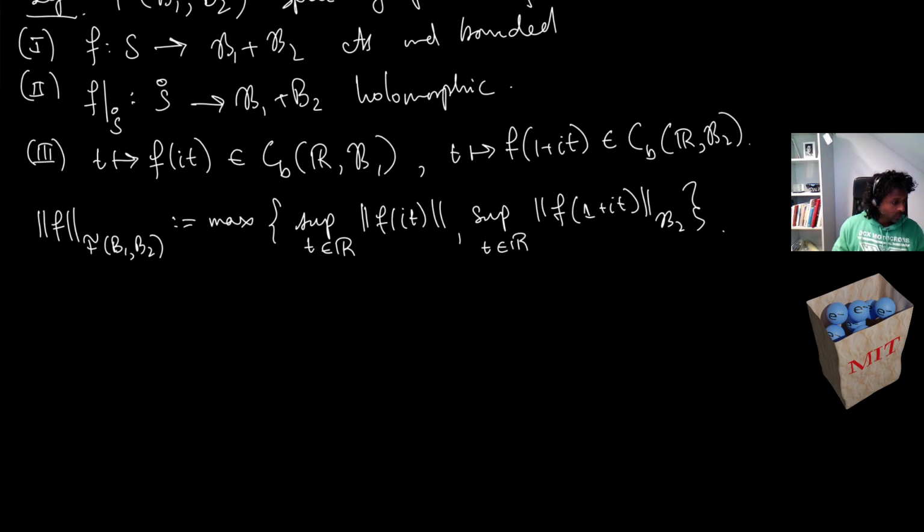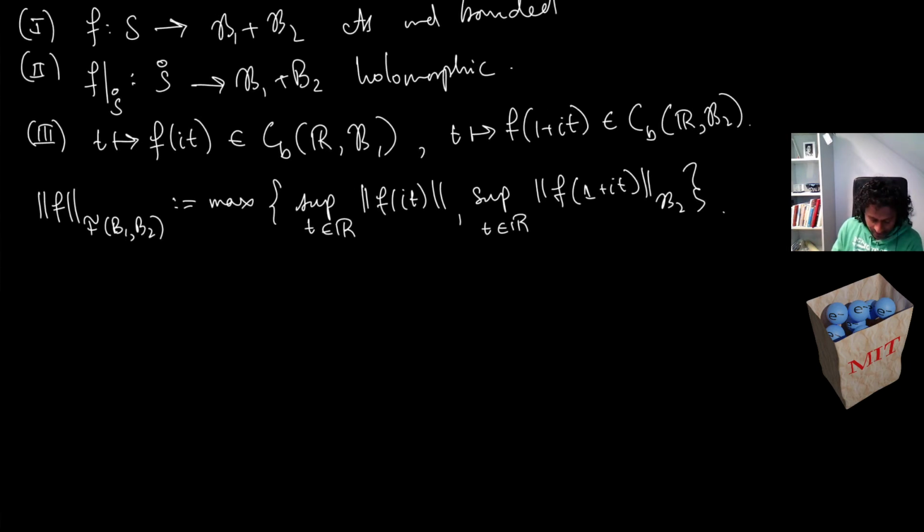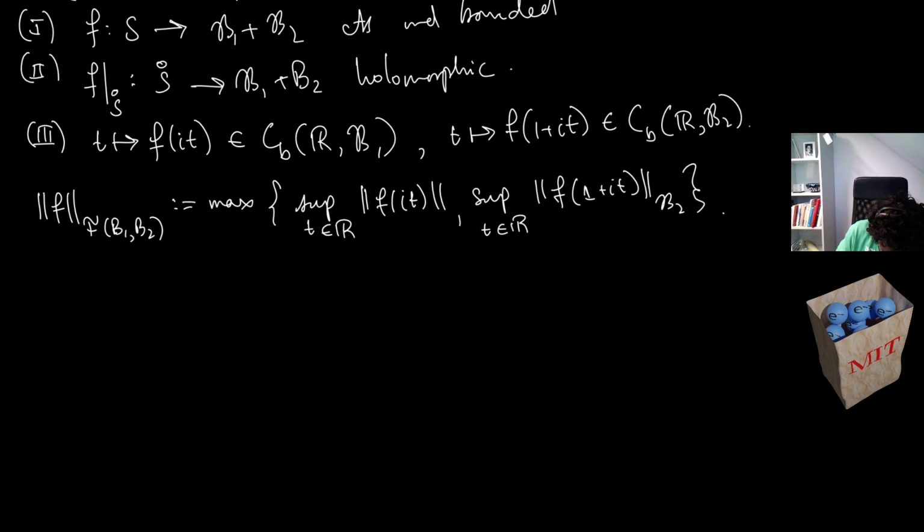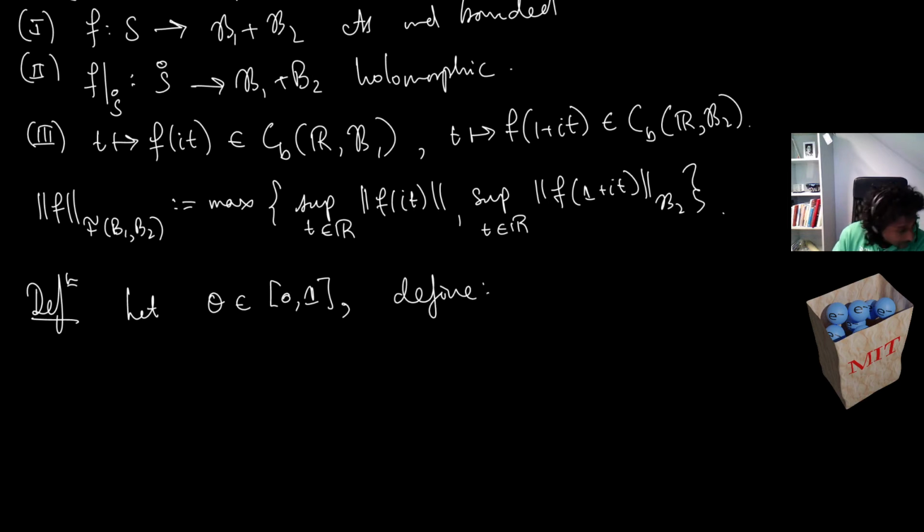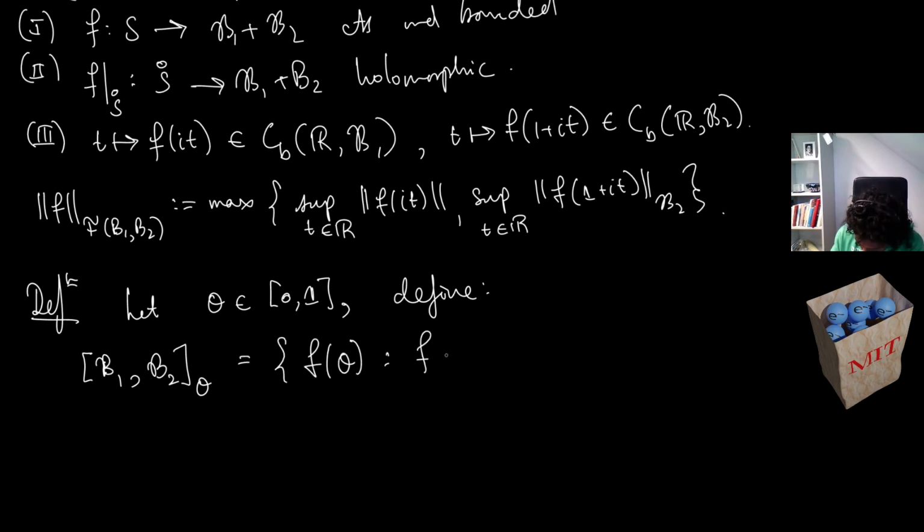Okay, so now we finally have arrived at what we want. Definition: fix some theta, let theta be a number between 0 and 1. And define the space B1, B2, theta to be equal to f of theta, such that f is in this space F of B1, B2.